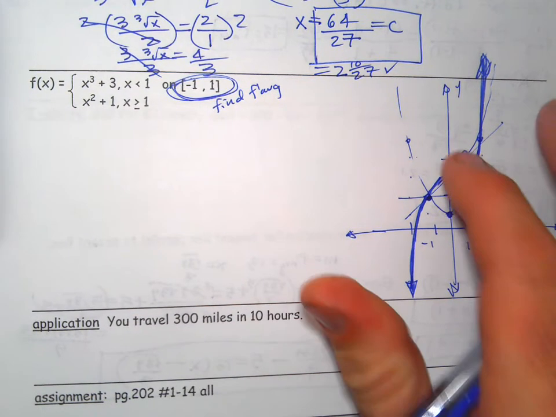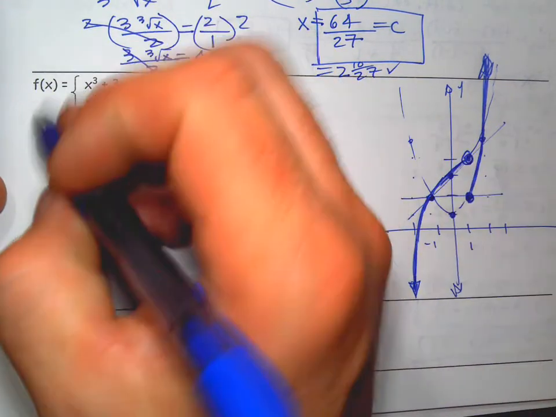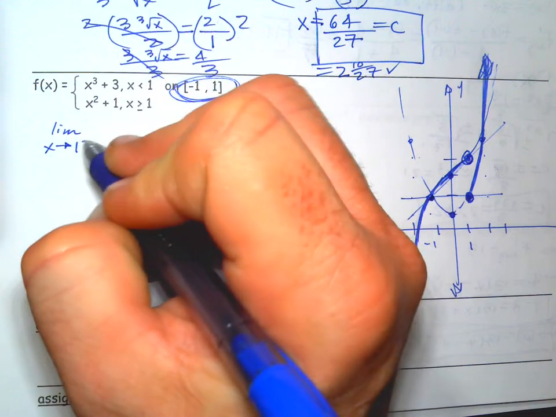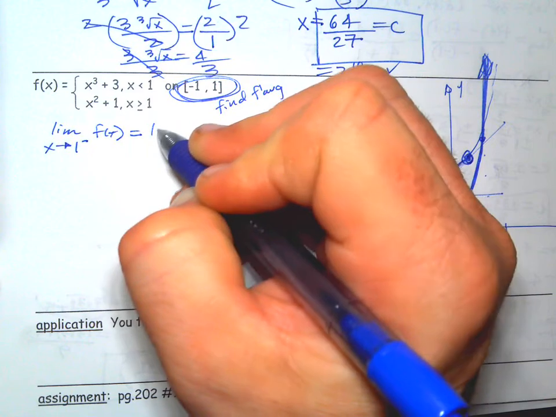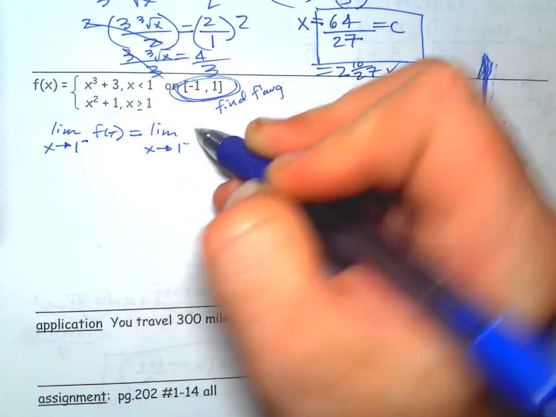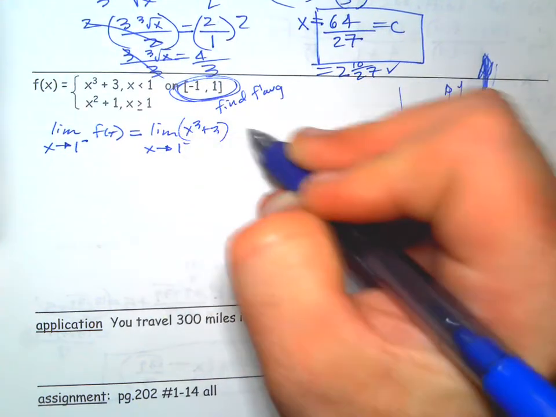Now, if you didn't have a picture, you could confirm if it was continuous by doing the one-sided limits at the transition point. So you could say, well, what is it approaching on the left side of 1? And you would say, well, we're going to use this guy, and you're going to get 4.